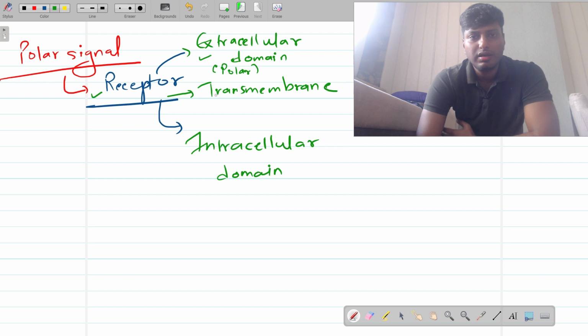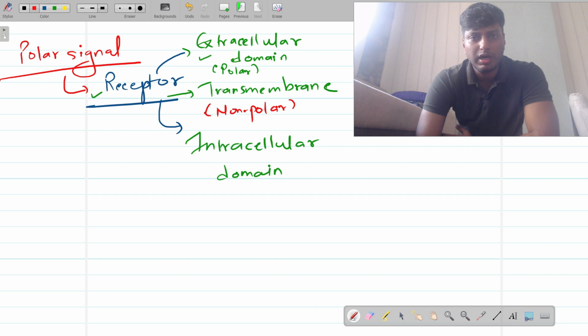whereas the inner part of the receptor, the transmembrane region of the receptor, which is present inside the membrane, is going to be non-polar. So the transmembrane region of the receptor is non-polar because again the membrane is non-polar in nature, and that's why the transmembrane part of the receptor is also going to be non-polar.